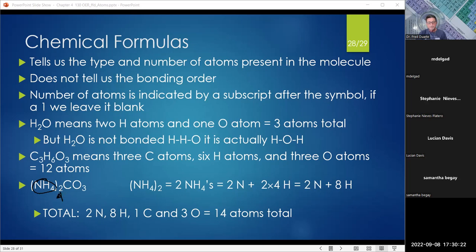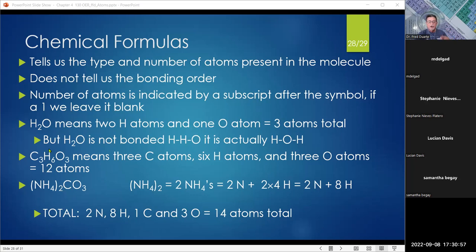So what that means is that there are 2 nitrogens and a total of 8 hydrogens, and 1 carbon and 3 oxygens, for a grand total of 14 atoms in this particular compound, which by the way is called ammonium carbonate.